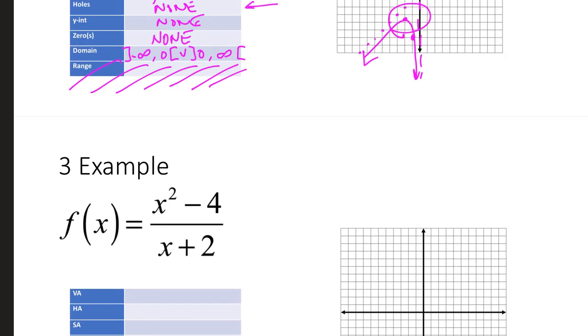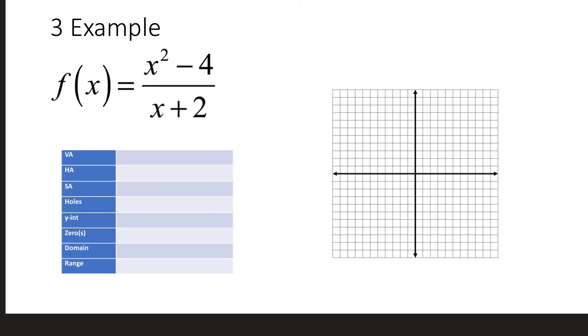Just know you won't be asked that. Okay, so let's try this to be my last example. On this one, again, you always check for holes first, which means does this factor, which it does. Hopefully you can see that this and this are going to cancel.